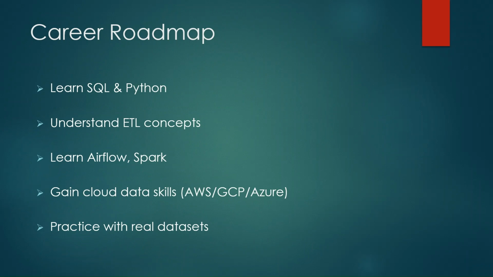Master cloud services, any one cloud service like AWS Glue, Redshift, or S3, and practice with one end-to-end project, with the help of public datasets from Kaggle or data.gov, anything. Don't worry about learning everything at once. Just take one step at a time. This series will guide you along the way.